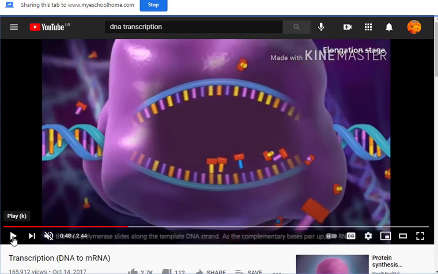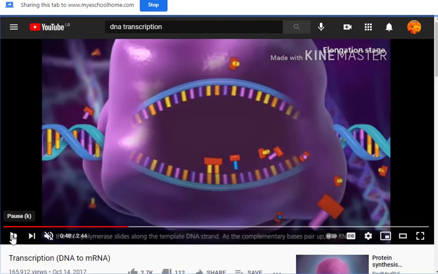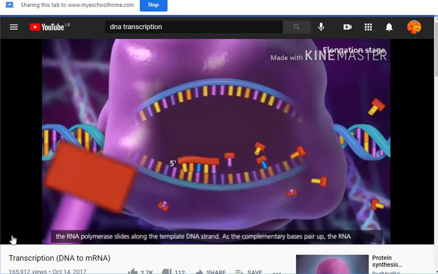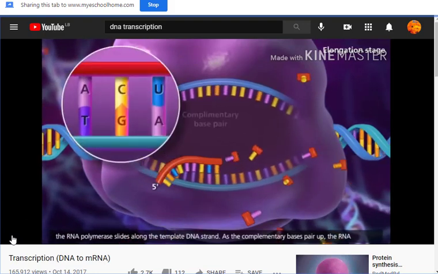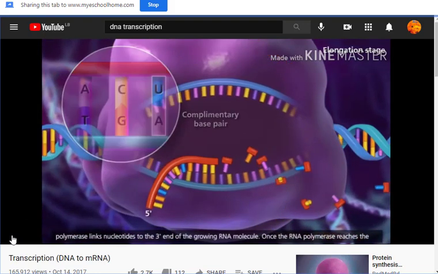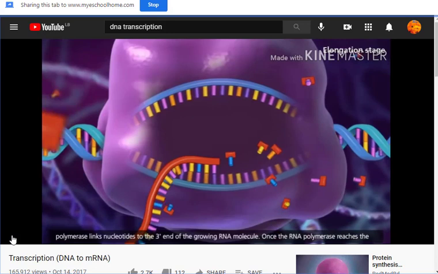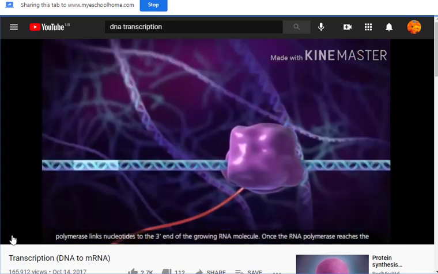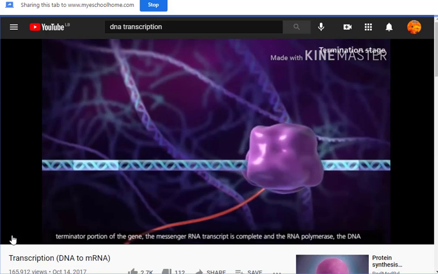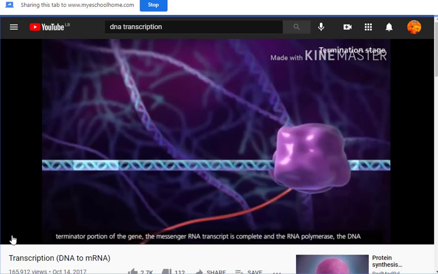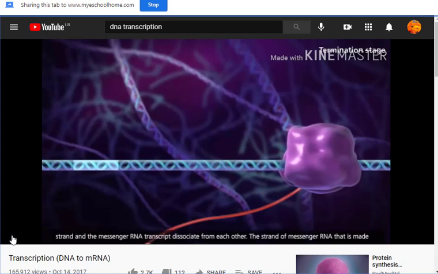Now the RNA polymerase will start reading the bases. If it sees A, it will put in front of it U, then G, C, C, G, T, A, and so on. Now the messenger RNA is built, until I reach the end.